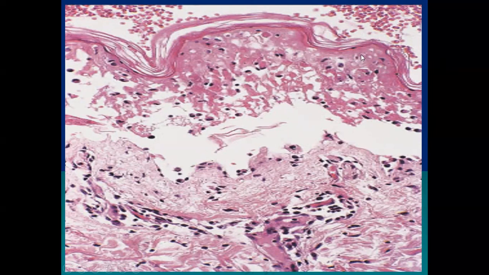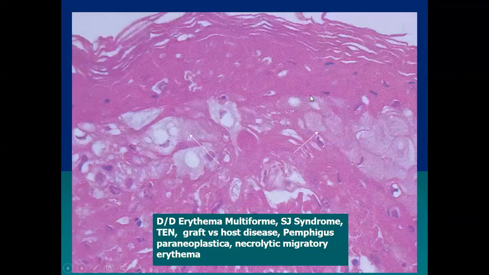There are no well-formed keratinocytes, no desmosomes. Rather, the whole epidermis is necrotic, and this is a typical feature of Stevens-Johnson or TEN. Again, the slide highlights the necrotic or dead keratinocytes. So this image shows full thickness epidermal necrosis.